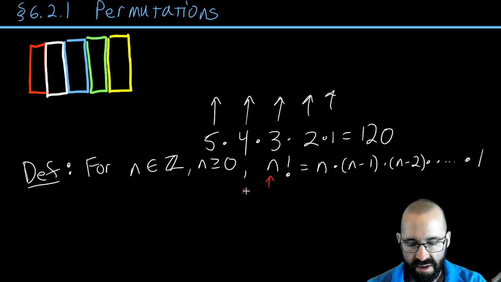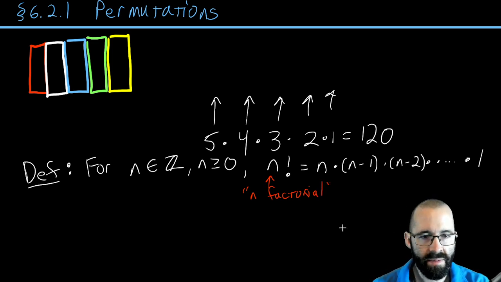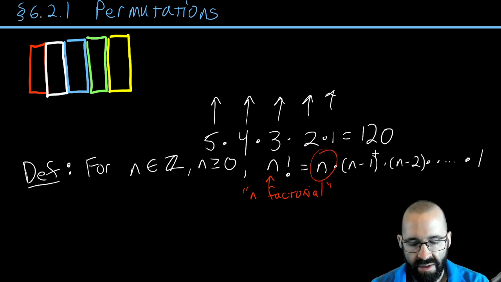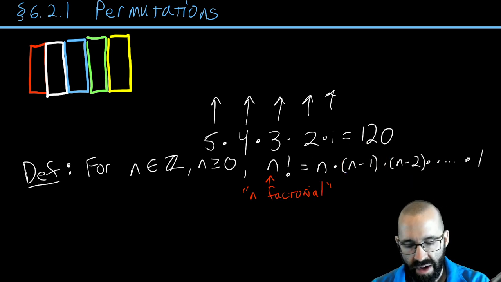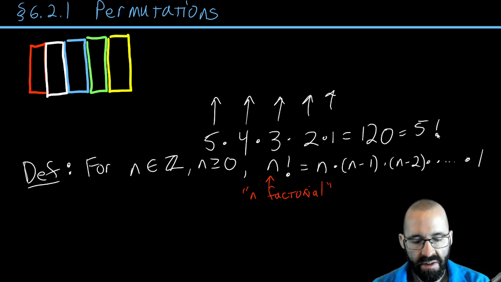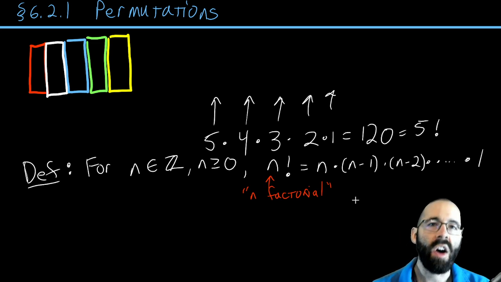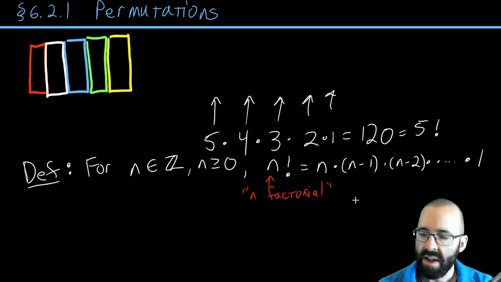And again, it's pronounced n factorial. It's just an exclamation point, right? So this is like 5, and then you subtract 1, so you multiply by 4, and then you subtract 2, so you multiply by 3, all the way until you get to 1. That would be 5 factorial. So for example, this is 5 factorial. So this is at the heart of permutations. It's really just the fundamental theorem of counting.